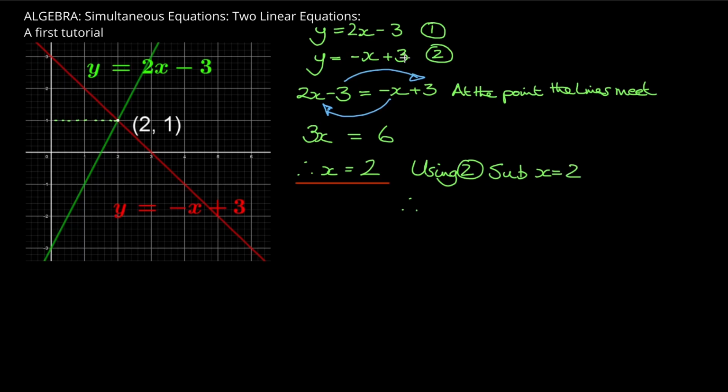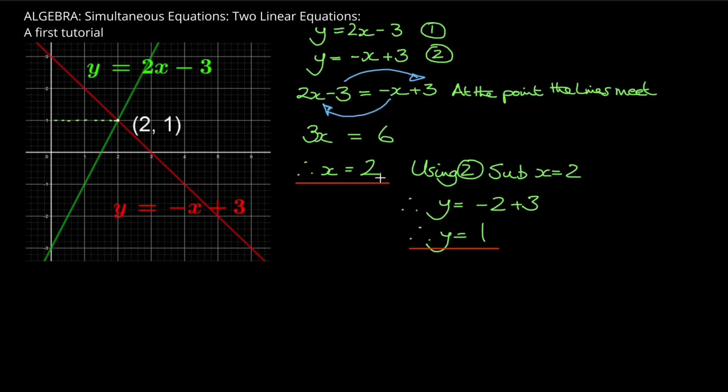And therefore, using 2, y is equal to negative 2 plus 3. And therefore, y is equal to 1. And there we have the second part of the answer, which happily matches our graphical diagram here. We've solved two simultaneous equations.